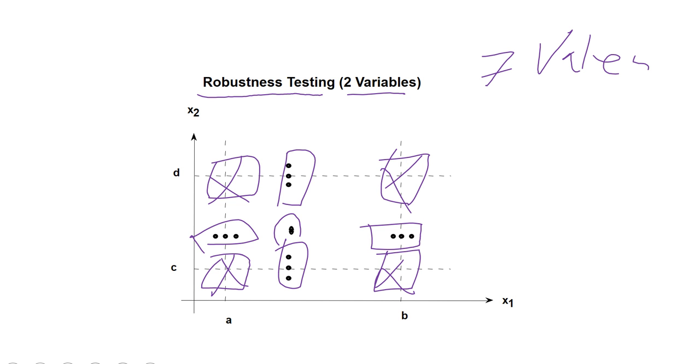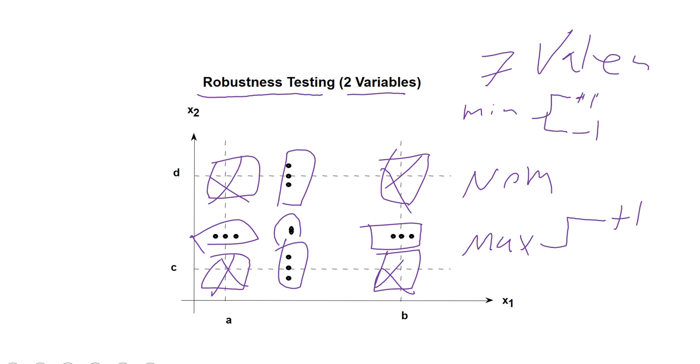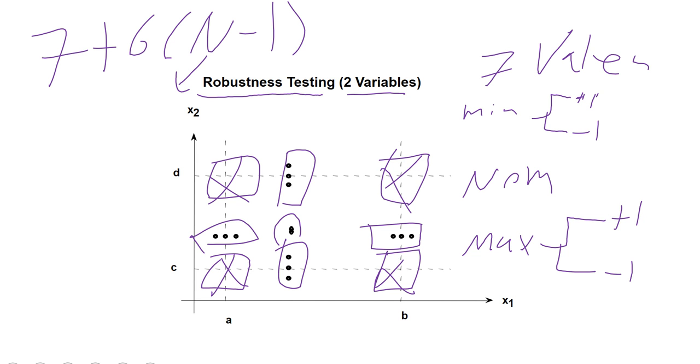As I said, minimum, plus 1 and minus 1, nominal, maximum, plus 1, minus 1. And to calculate the number of test cases, we follow this rule: 7 plus 6 times (n minus 1), where n is the number of variables.